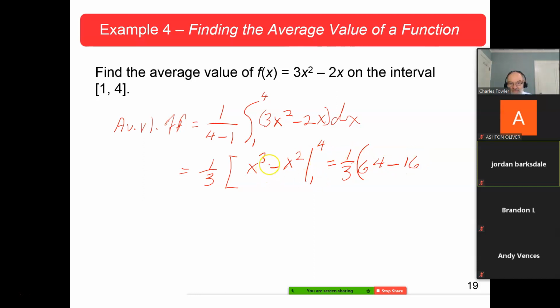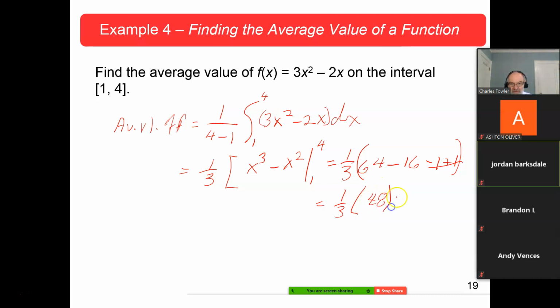Then subtract the value at 1. So that'd be a minus 1 because it's minus the 1 cubed. Then it's minus a minus, which is plus 1 squared, which is 1. Well, that doesn't contribute a thing, does it? Okay, so here we have 1/3 of, I believe that's 48, isn't it?